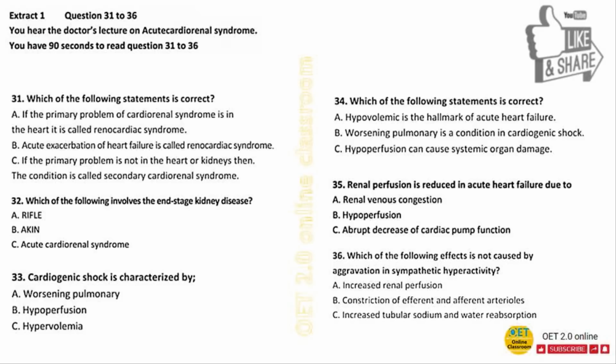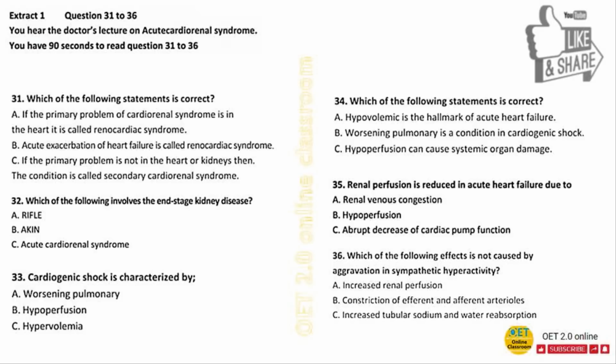Here, AKIN means Acute Kidney Injury Network, and RIFLE means risk, injury, failure, loss of kidney function, and end-stage kidney disease. On the other hand, acute cardiac dysfunction is an ambiguous term that includes pathophysiologically and clinically distinct conditions: acute heart failure and cardiogenic shock.